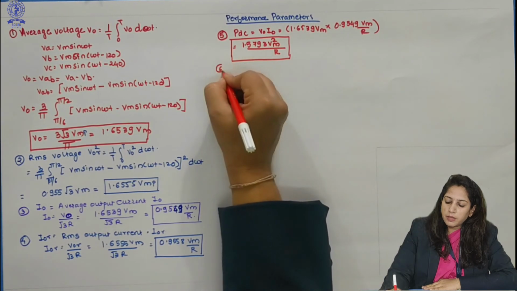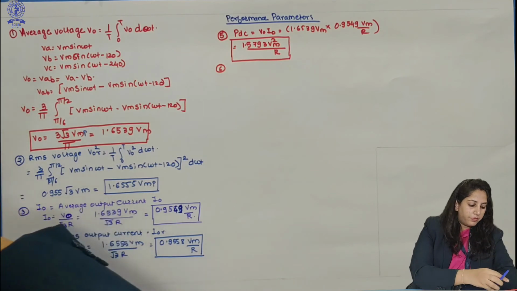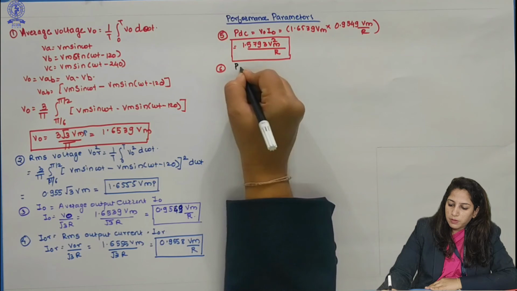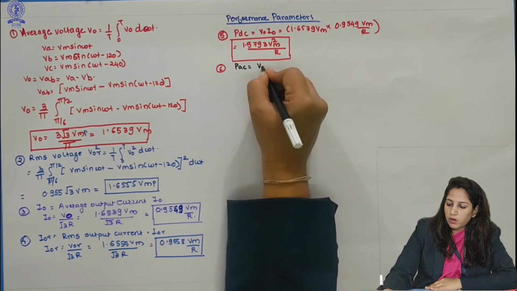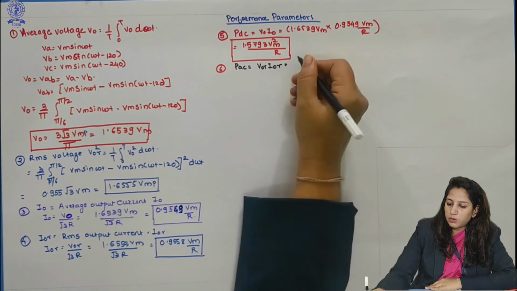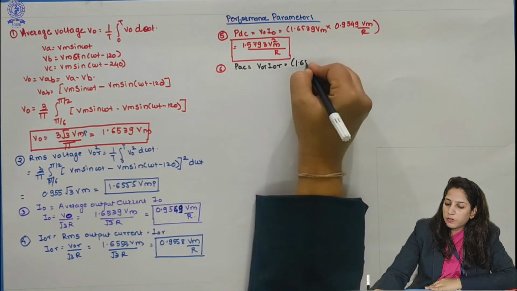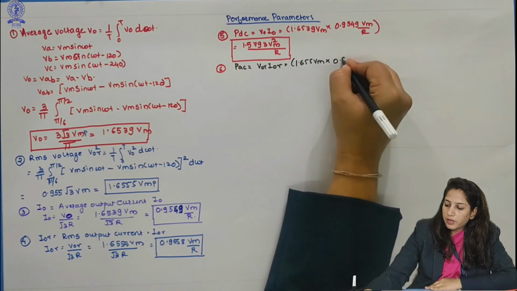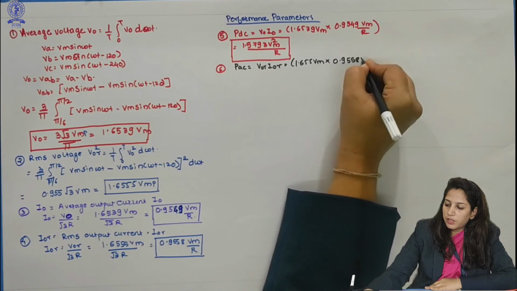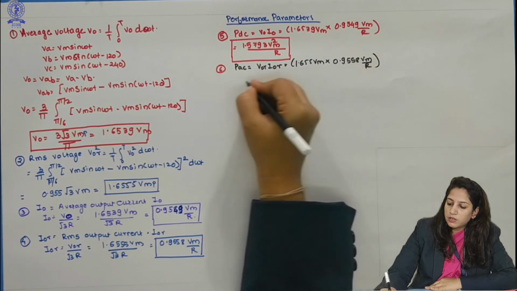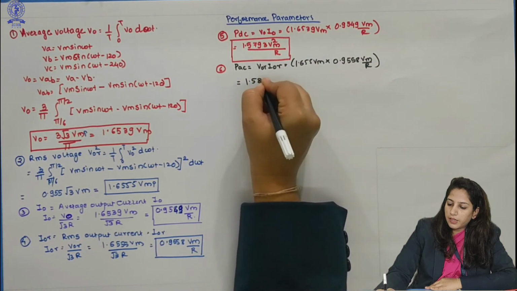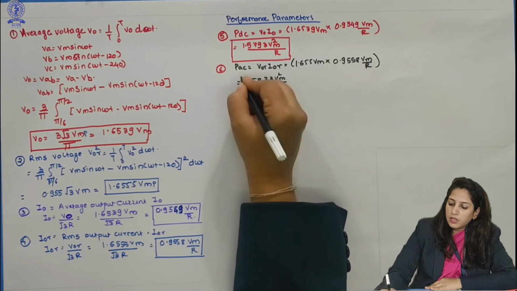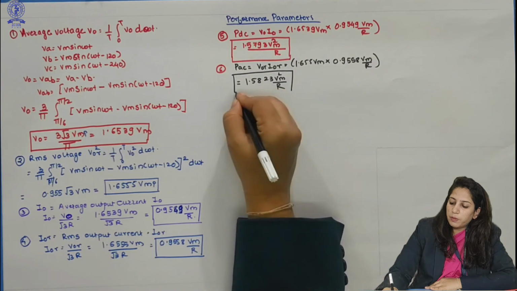Similarly, I will get PAC. PAC will be equal to VOR into IOR. So it is 1.655 Vm into 0.9558 Vm by R, which gives 1.5823 Vm square by R. So we have got PAC and we have got PDC.